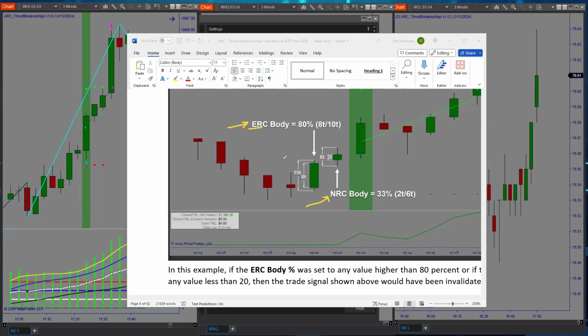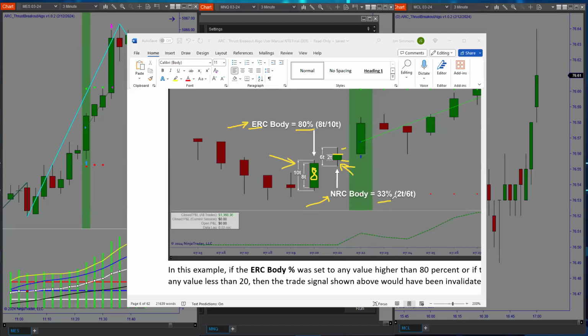If the total range of that bar is 10 ticks and the body range is 8 ticks, then that means we have an 80% body to wick ratio on that candle. On the narrow range, we have a 6-tick range with a 2-tick body. In this case, the body is 33%.